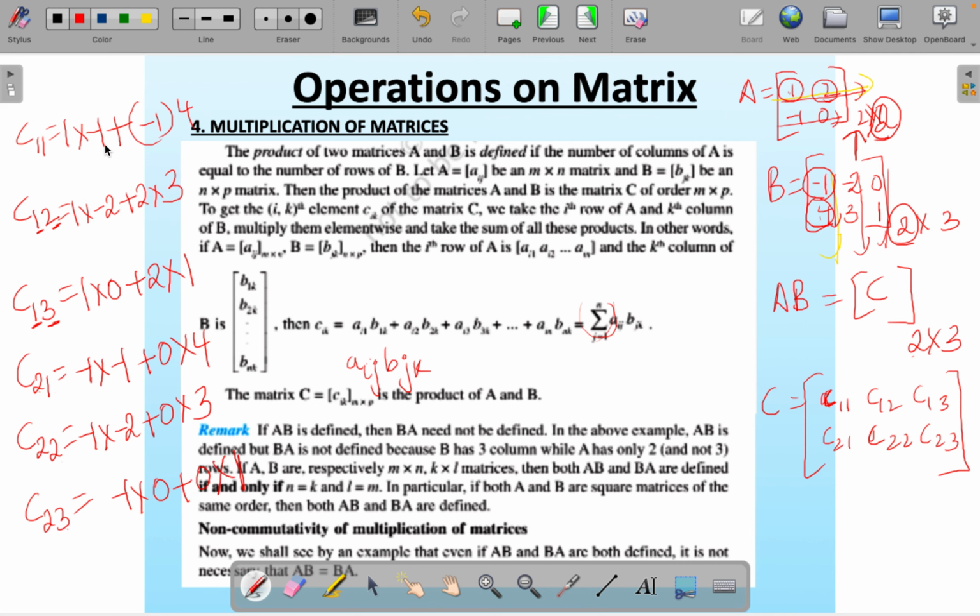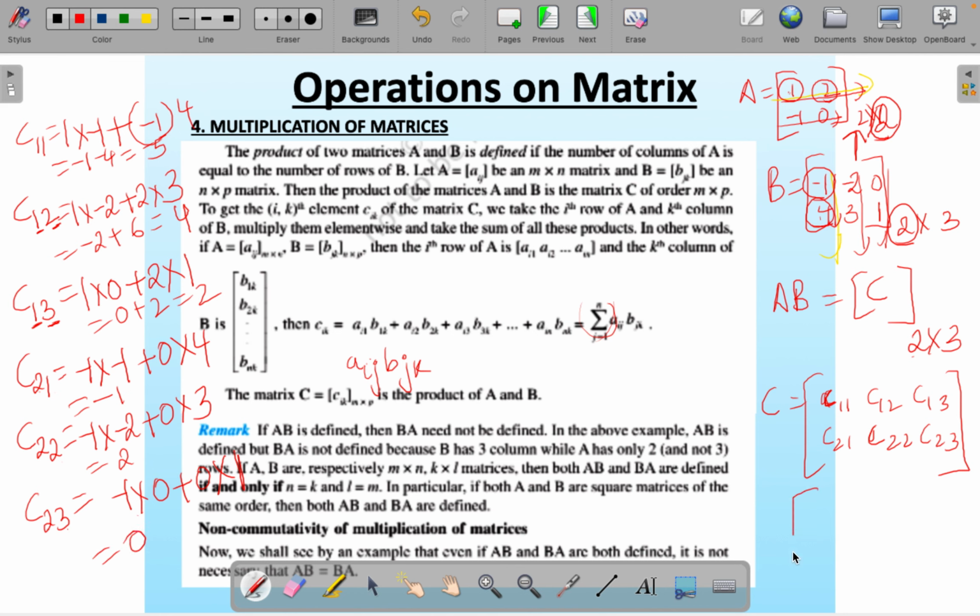And you know how to evaluate. In mathematics, you already know how to do the evaluation. This is minus 1 minus 4, that is minus 5. Similarly, this is minus 2 plus 3 twos are 6, and 6 minus 2 is 4. This is 0 plus 2, that is 2. This is minus 1 plus 0, that is minus 1. This is 2 plus 0, that is 2. This is 0, so the answer is 0.